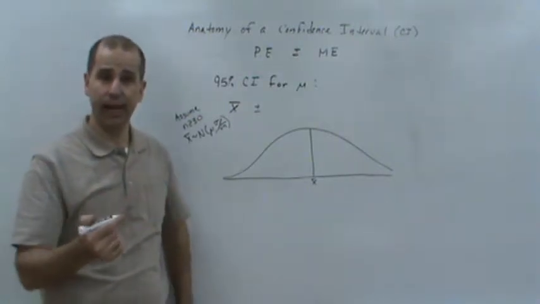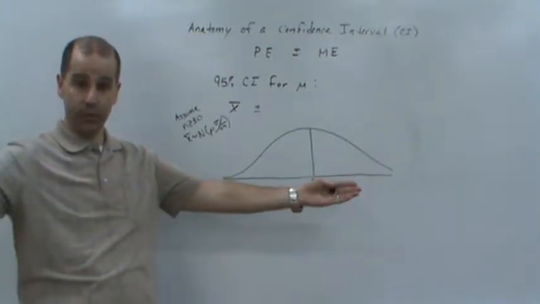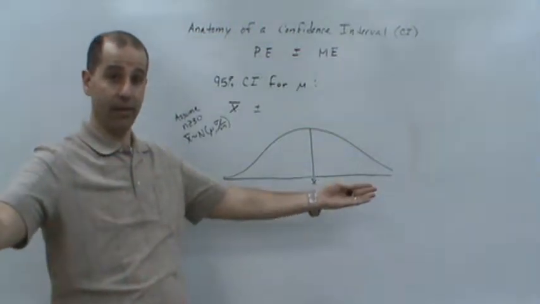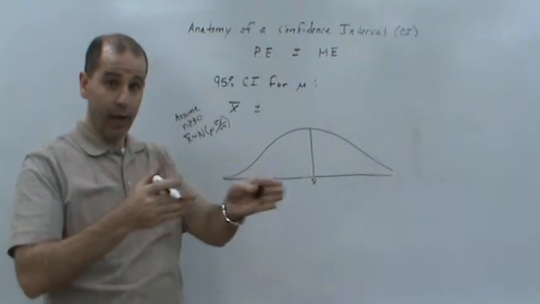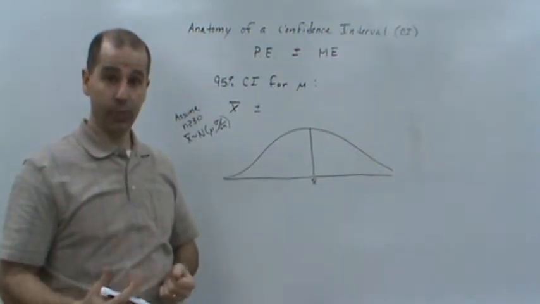Does that make sense? In other words, we're going to use X bar to cast a net out, and then hopefully, knowing that X bar is pretty darn close to where mu is, that will also capture mu in the process.